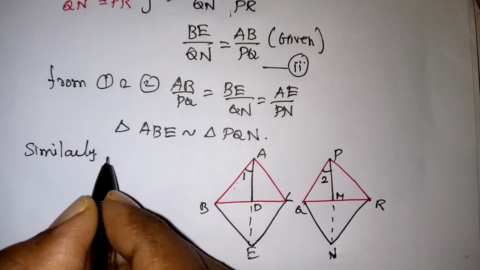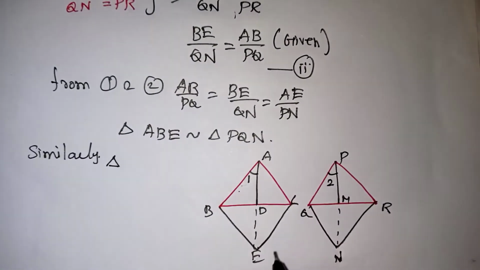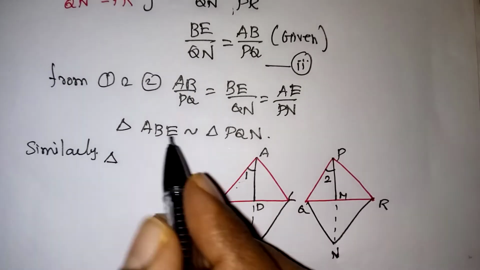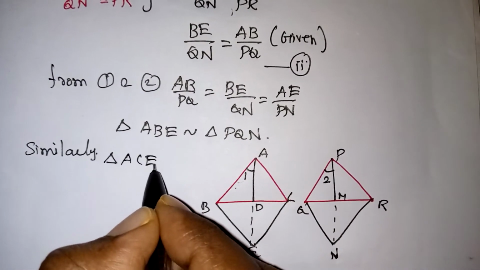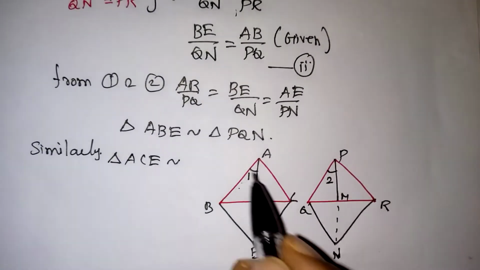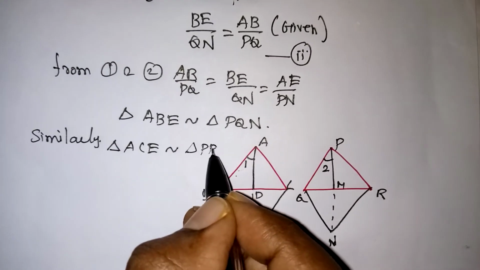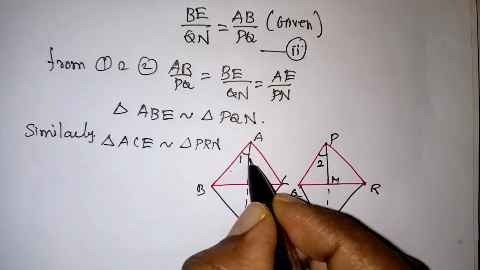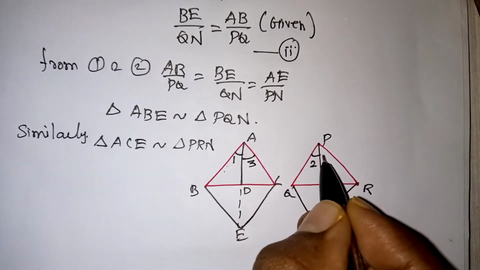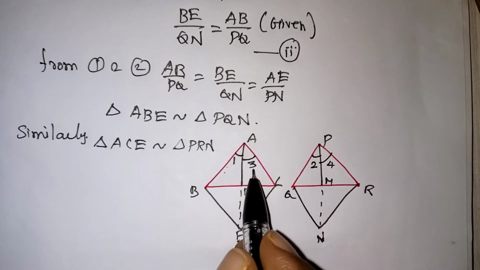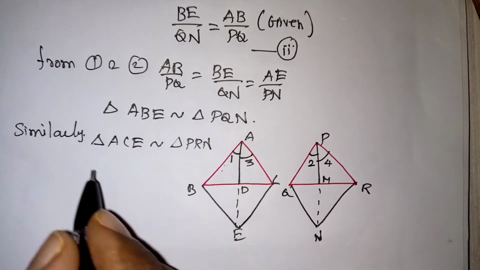Similarly, we can state that this triangle, ACE, is definitely similar to triangle PRN. Suppose this is angle 3, this is angle 4, since they are similar triangles, these two angles also will be equal.